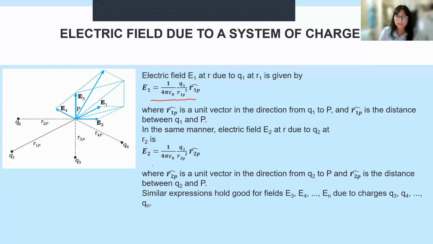In the same manner we are going to find the other electric fields that are developed due to the other charges. Similarly, we can find E3, E4, En, due to the charges Q3, Q4, Qn. So for the electric field due to the system of charges, we find the electric field due to each charge situated at a certain distance from the point in the field where we are calculating the electric field.